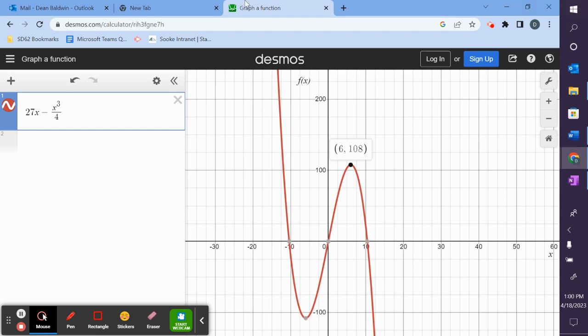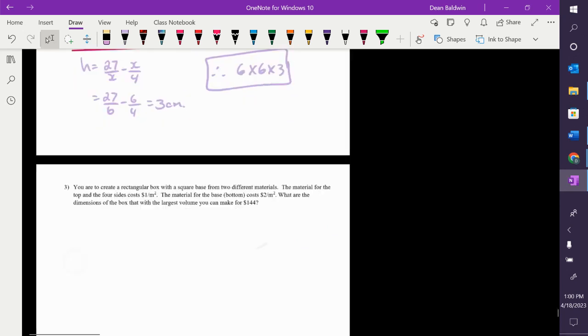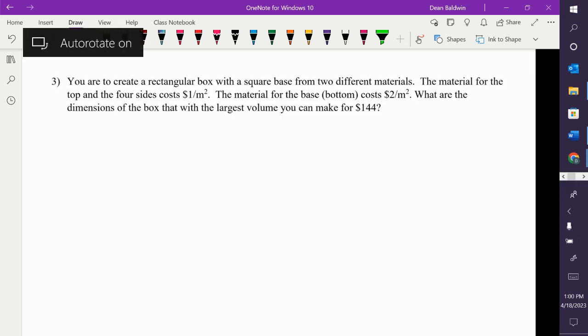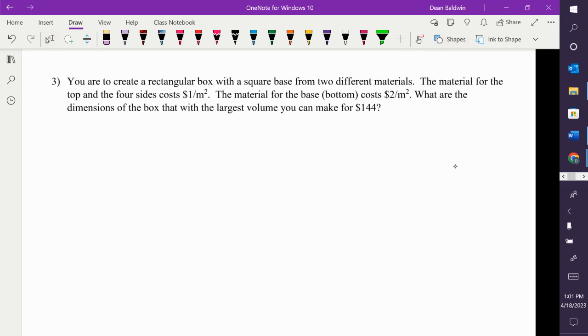All right. One more question, then I'm going to give you a couple to do on your own. A cost question. So we're doing a rectangular box again with a square base, so all that stuff's going to be the same. So we can draw a shape. I will try to draw a proper square base so that we don't have critiques here.